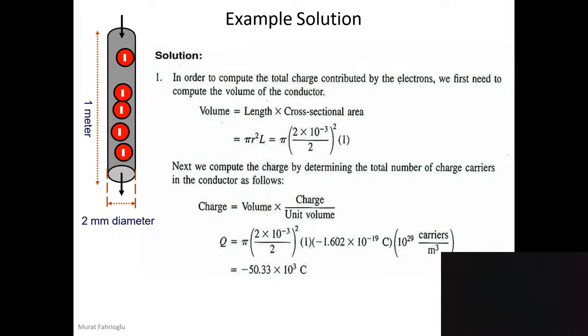Now we put all the values in the calculator. We get a negative answer, minus 50.33 into 10 raised to 3 coulomb.